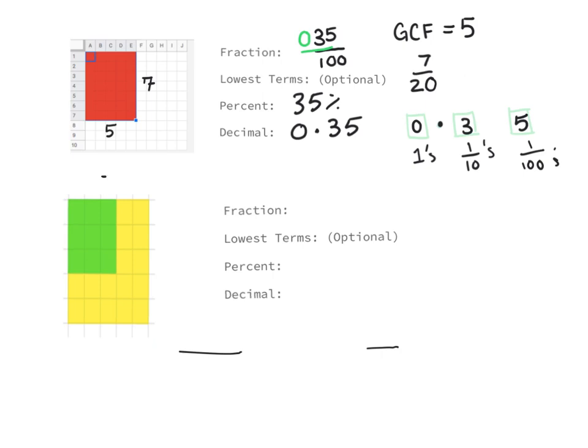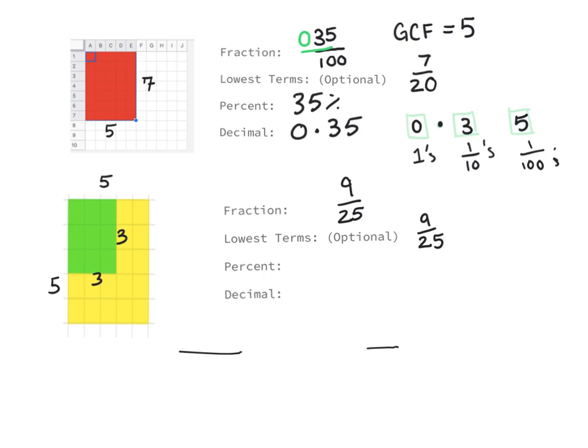So we know that it's 5 by 5, so the fraction is out of 25, and it's 3 by 3, the green part, so that is 9 out of 25. Now, let's get it to the lowest terms. Well, lucky us, 9 out of 25 actually is the lowest terms. Now to do the percent. If you can do this in your head, that's great.